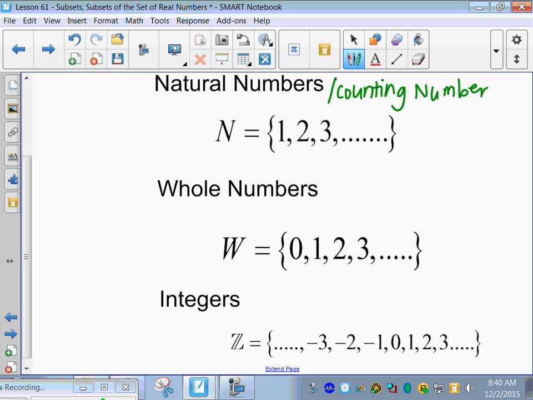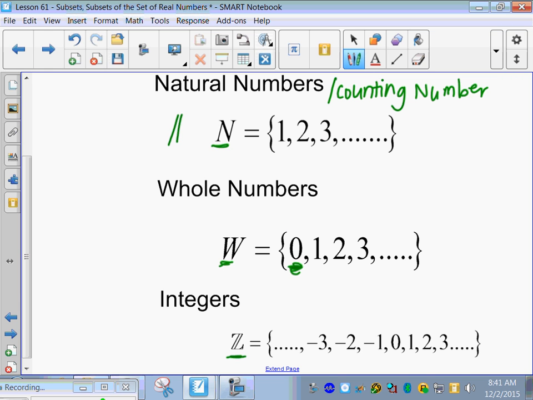Okay, then we have what's called whole numbers. What's the only difference between the natural numbers and the whole numbers, Monica? It has a 0. That's it. So the whole numbers are the exact same thing, but with 0. 0, 1, 2, 3, 4, 5, 6, 7. Okay? And then we have the integers. And by the way, you do want to use these N's, W's, and this Z with the double bar.